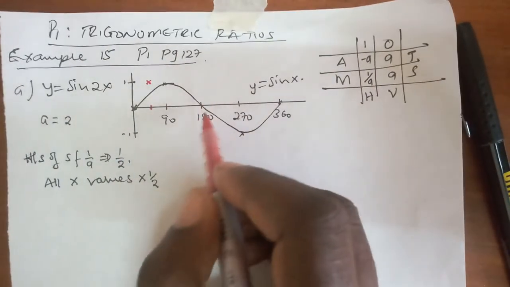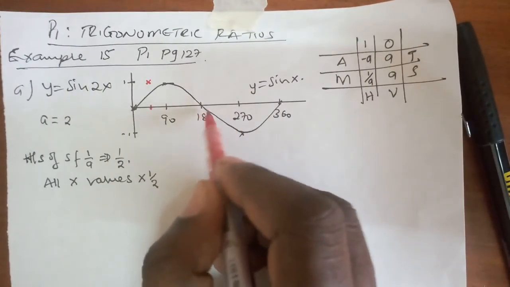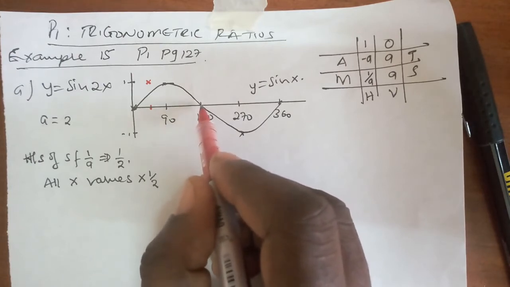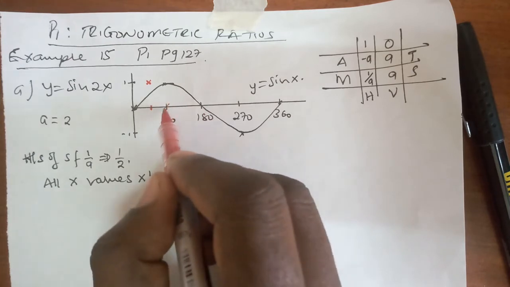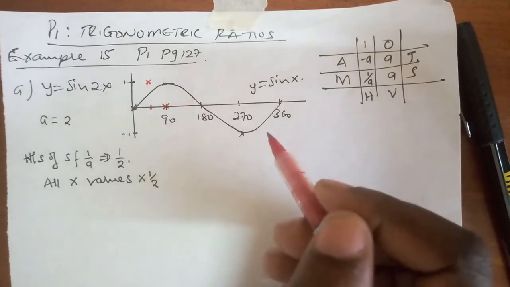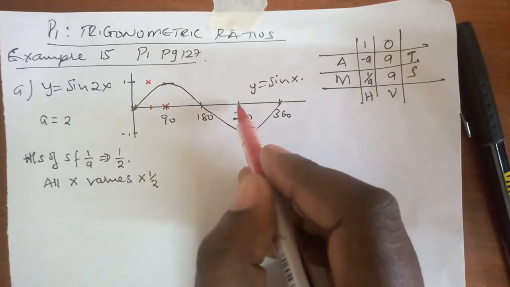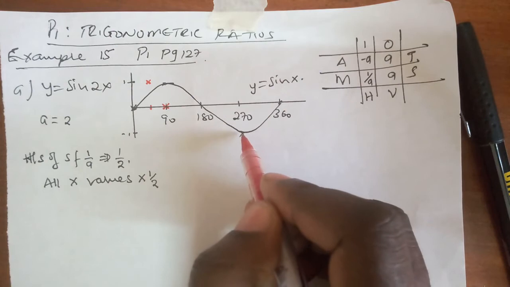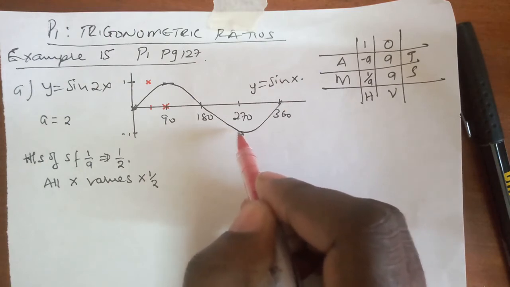When x is 180 degrees, times a half is 90, y is 0. At x equals 270, 270 times a half is 135, and y continues to be -1.